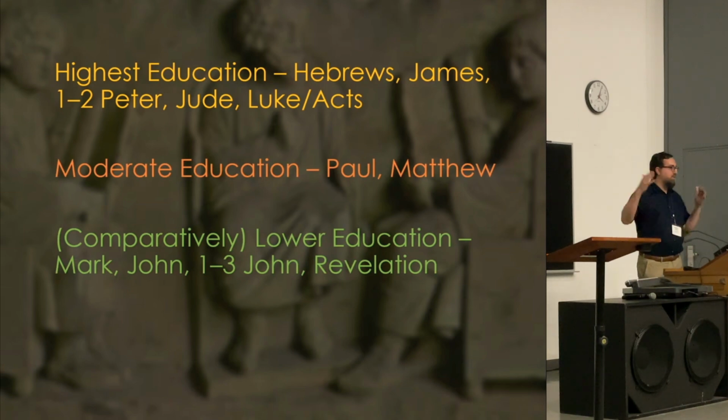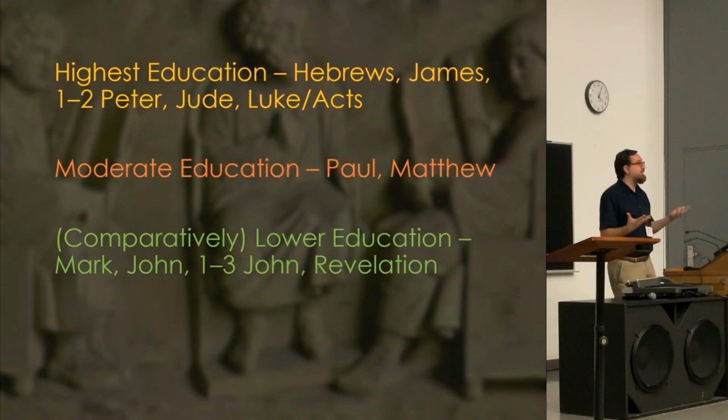The analysis here would be based on things like the sophistication of the grammar, the vocabulary, and evidence of specific things like when someone was in the third level of education, called a rhetorical education. They learned certain rhetorical techniques that we see in a text like James.